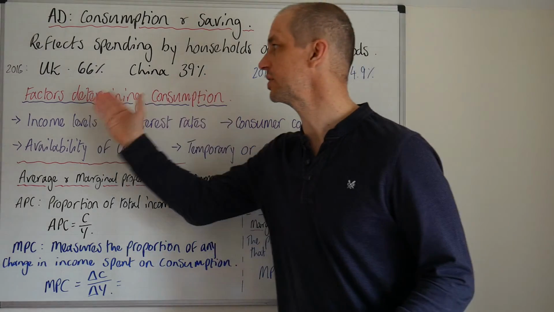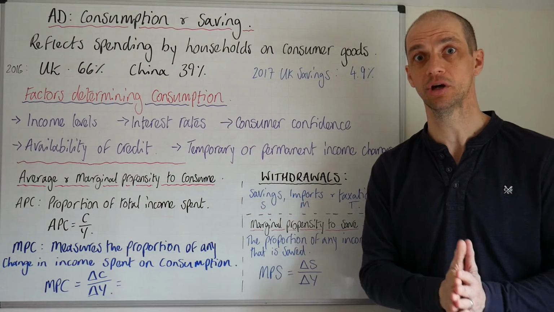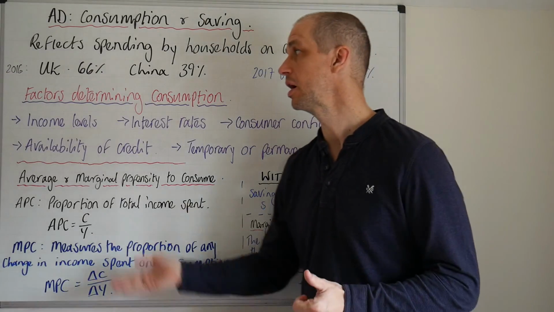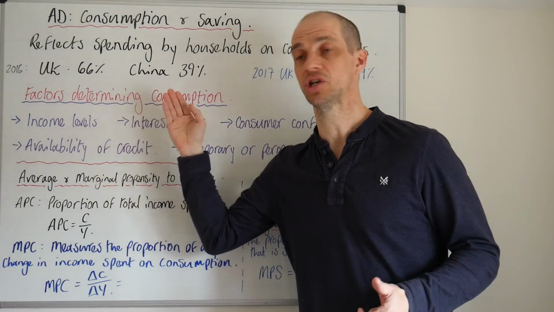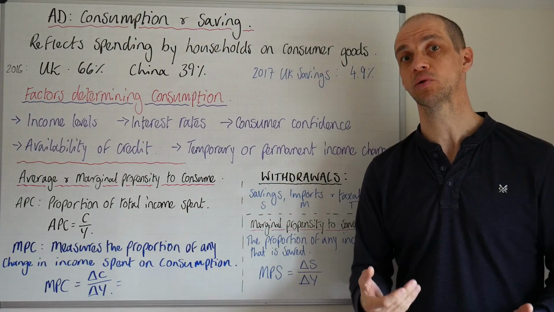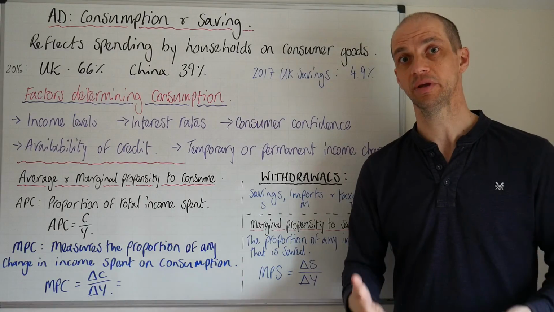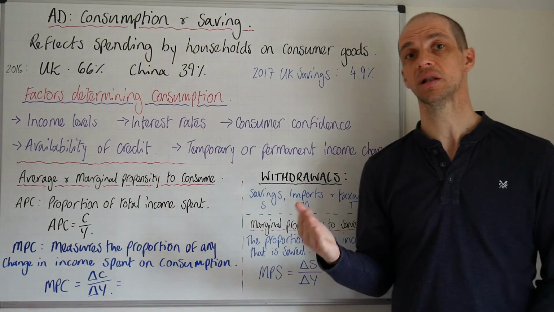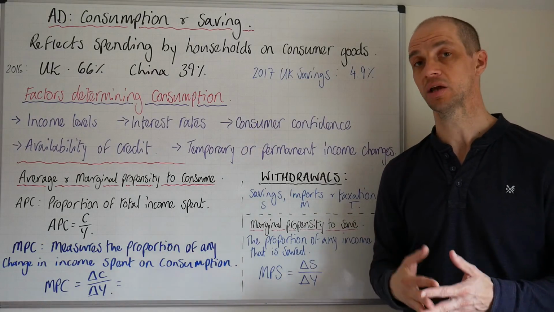Okay, so there's a number of factors of course that will determine the level of consumption being undertaken within an economy. That will include elements such as income levels within the economy. If income levels are rising, of course more consumption can be expected to be undertaken in most circumstances. Interest rates, the level of interest within a given economy.